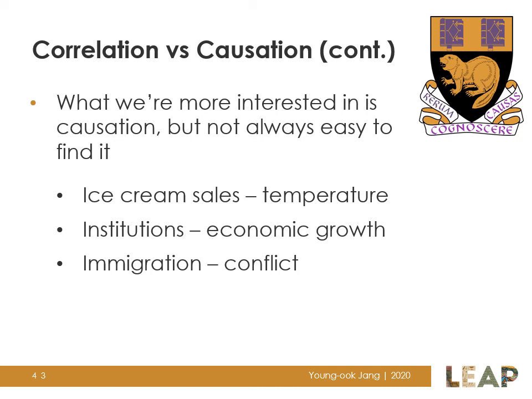If you have more conflict in your country, it would make immigrants leave, or it would make the racial composition change, right? So the relationship between immigration and conflict might have a correlation, but it might not be causation, or causation in the opposite direction. The distinction between correlation and causation is very important when you interpret the results from quantitative analysis.